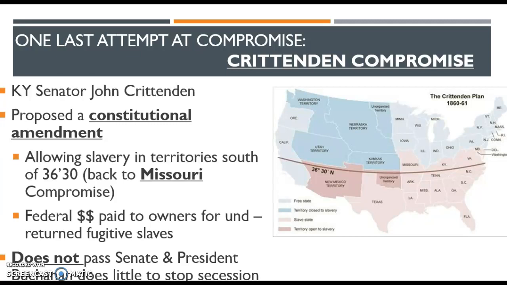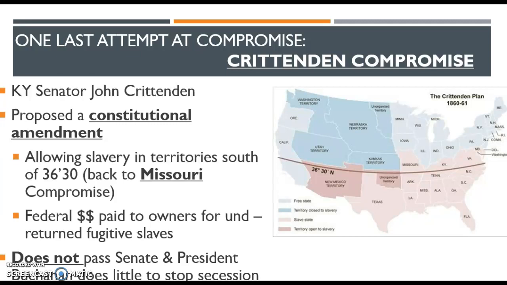When it comes to the fugitive slave law, he offers for the federal government to pay slave owners for their runaway slaves, thus hoping to keep Southerners happy that they got financial compensation and keeping Northerners happy because they don't have to contribute actively to slavery by returning runaways.